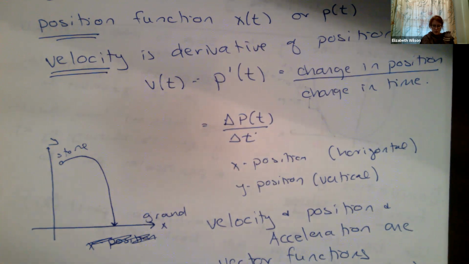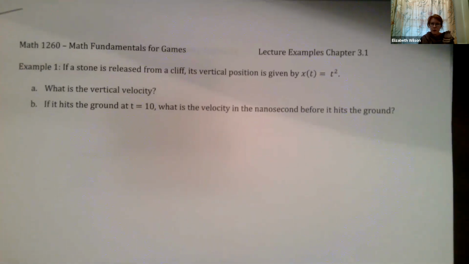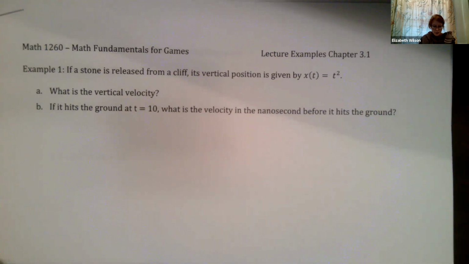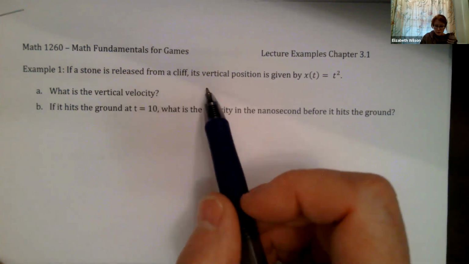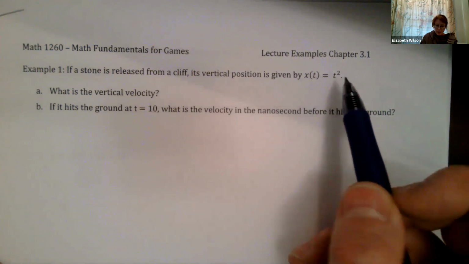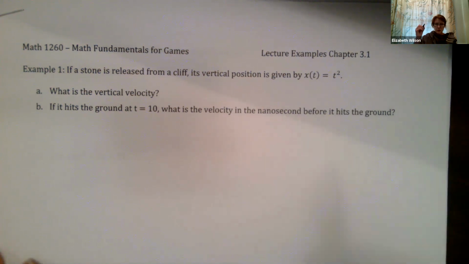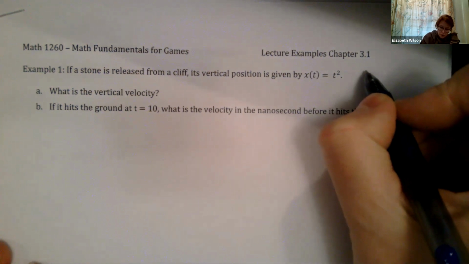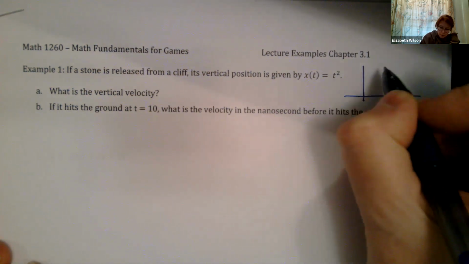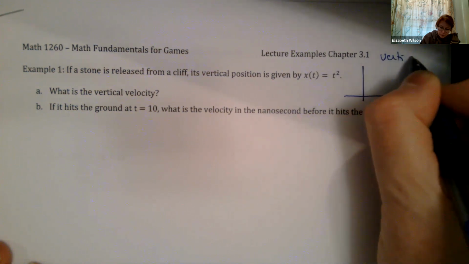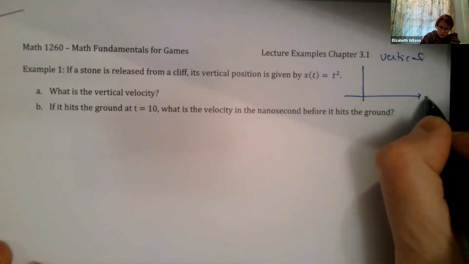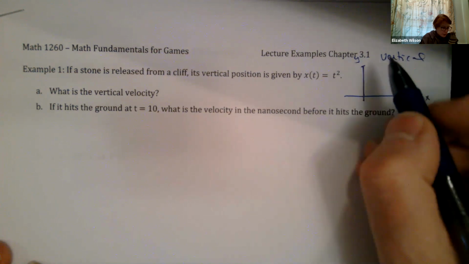All right, so this one, example number 1, we're just going to work things through. The examples are going to help us. If a stone is released from a cliff, its vertical position is given by t squared. If I just draw it out, my vertical position x, y is going to be t squared.